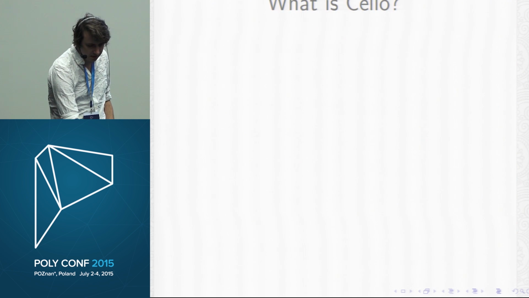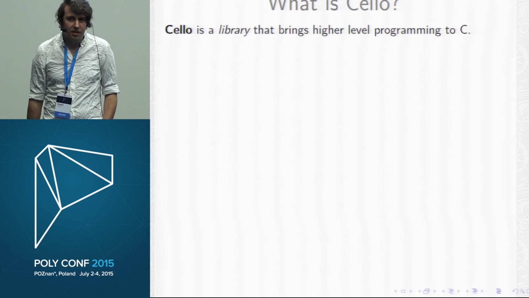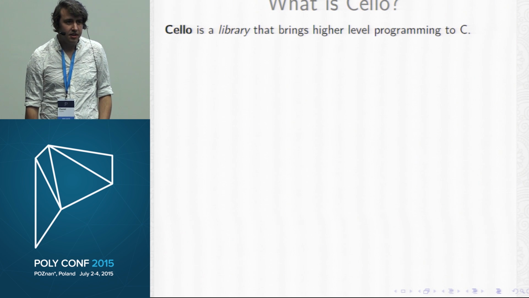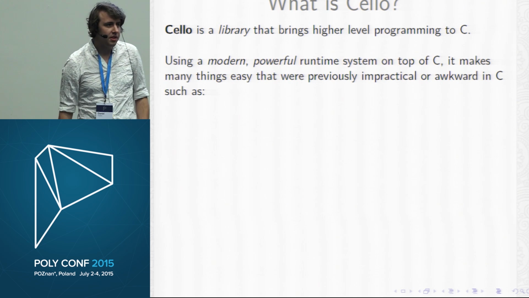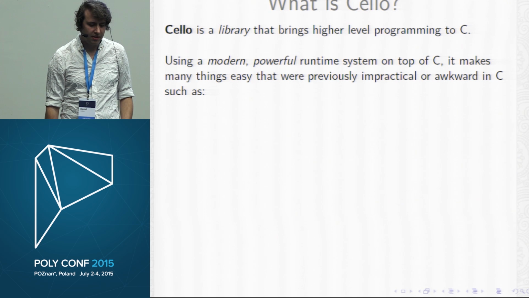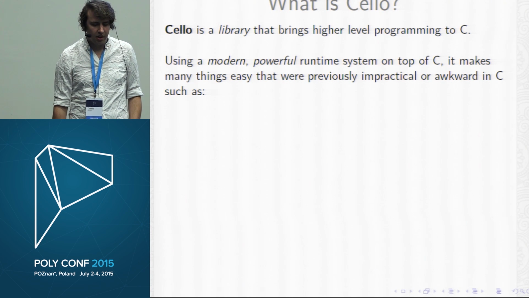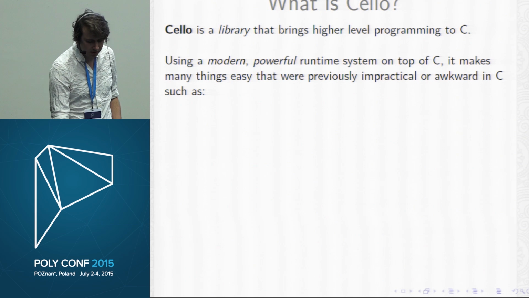So what is Cello? Cello is a C library that adds these higher level programming constructs to C. It uses a runtime system on top of standard C, and this makes many things possible that were previously awkward or really impractical to do.